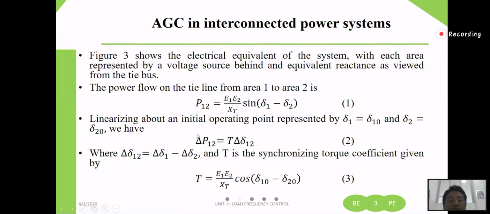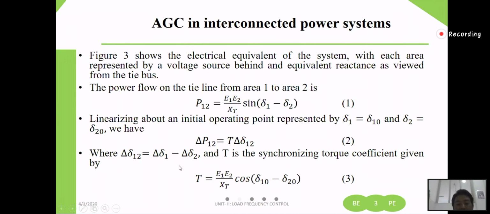We have considered power flow from area 1 to 2. What is meant by del P12? It is the change in power flow from area 1 to 2. The example we have considered is area 1 Chuka and area 2 Tala, with power flowing from Chuka to Tala.